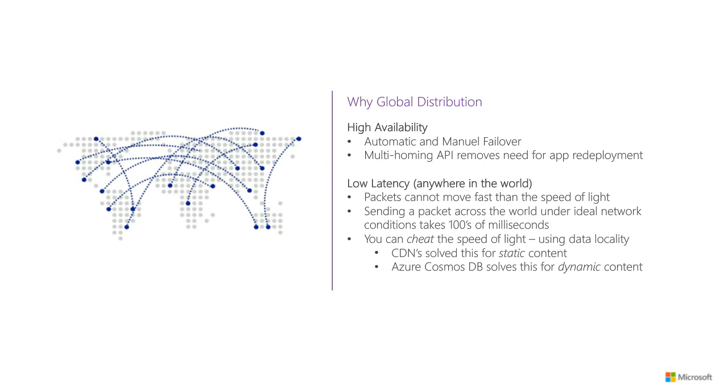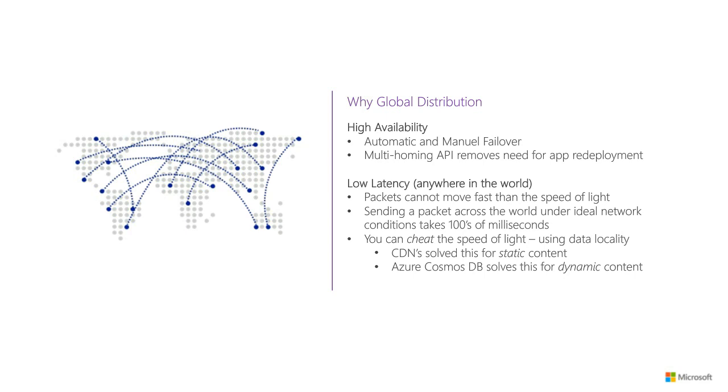You cannot send information faster than the speed of light. If you figure out how to do this, please talk to me because you have done something amazing. But assuming you obey the laws of physics and we are bounded by the speed of light, how do you serve a global user base, an application that has users spread all around the world, and do so with very, very low latency?